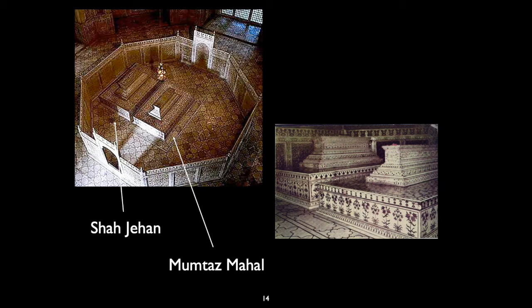He was later deposed by his youngest son, Aurangzeb, and Shah Jahan spent the remaining years of his life in a kind of home exile. Eventually when he died, he was buried alongside his wife. And so Shah Jahan is the only asymmetrical thing in the entire complex of the Taj Mahal.